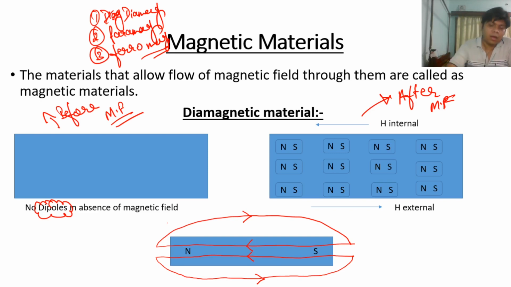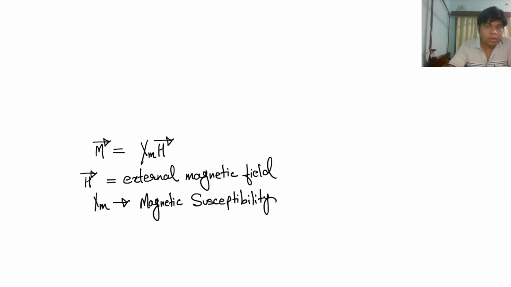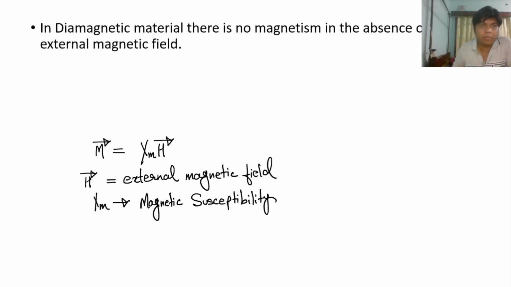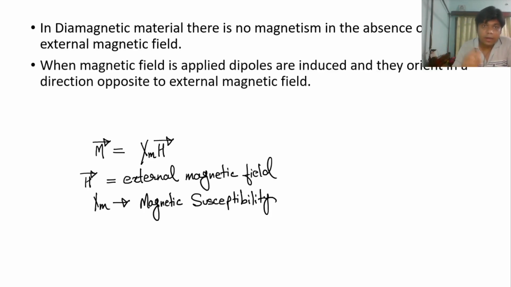Now let's look at some important points about diamagnetic materials. The first important point is that in diamagnetic materials there is no magnetism, or we can say there are no dipoles, in the absence of an external magnetic field. The second important point is that when a magnetic field is applied, dipoles are induced and they orient in a direction opposite to the external magnetic field.